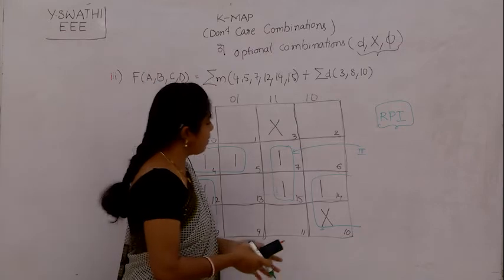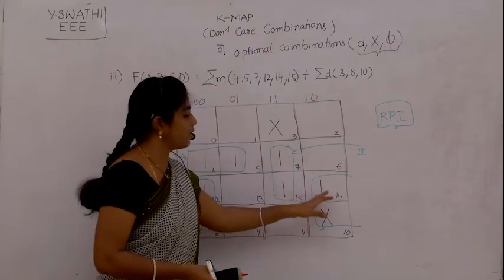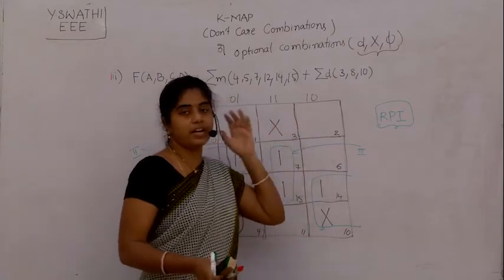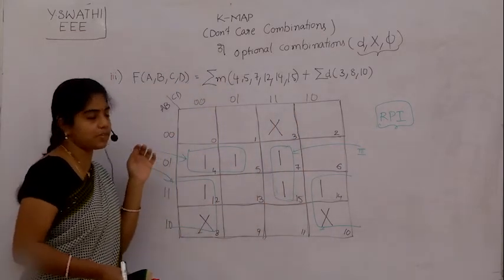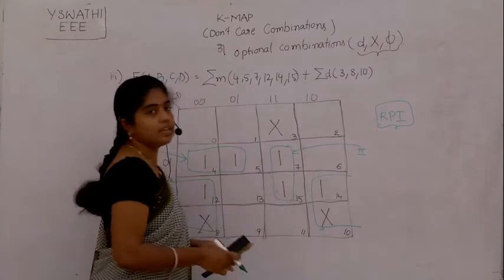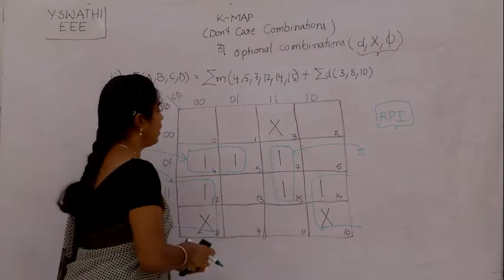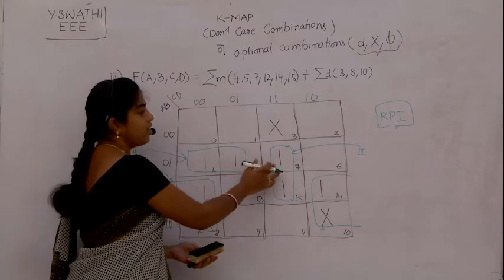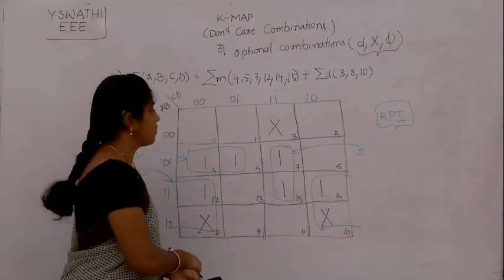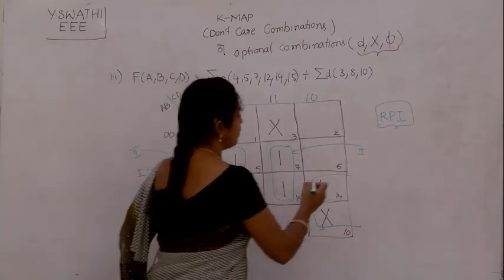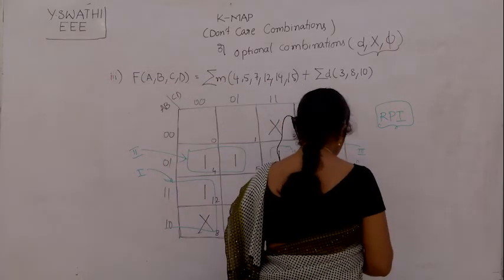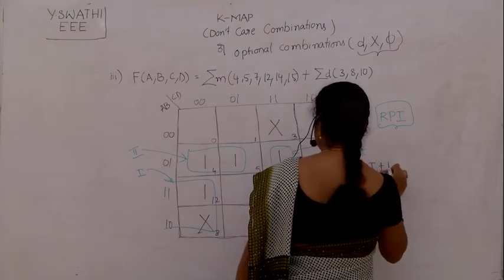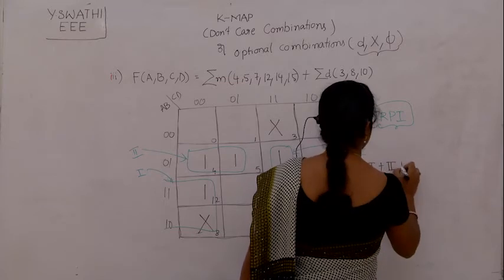So this prime implicant will not reduce our form further and gives a redundant term, which doesn't change the functionality of the expression. So we are not taking this as a group. In the same way, we are also not taking this 5 and 7, because it also forms a redundant prime implicant. Now we will write the reduced function, that is a combination of 1 plus 2 plus 3.